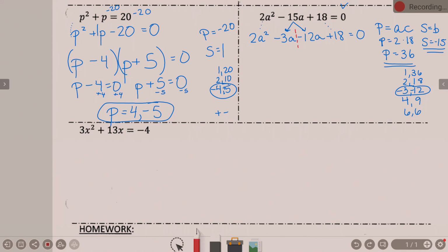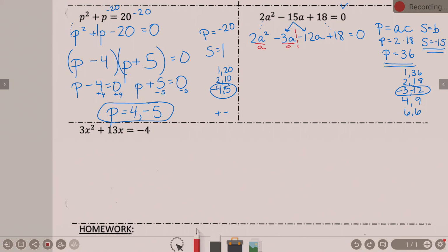GCF of the first half. What do 2a squared and negative 3a both have in common? We don't have any numbers in common, but they both have an a in common.